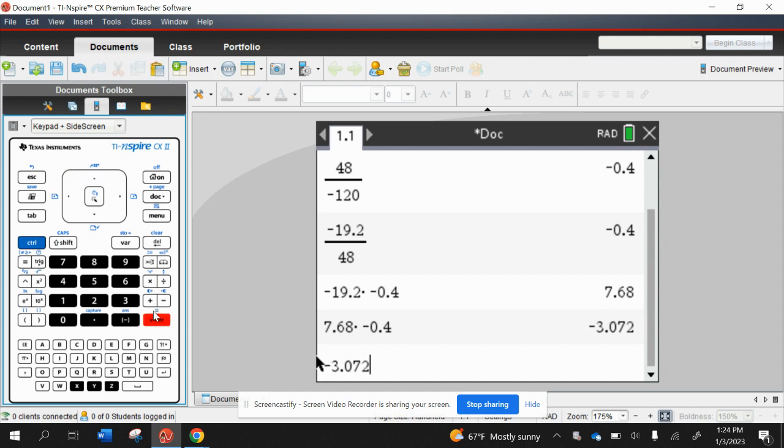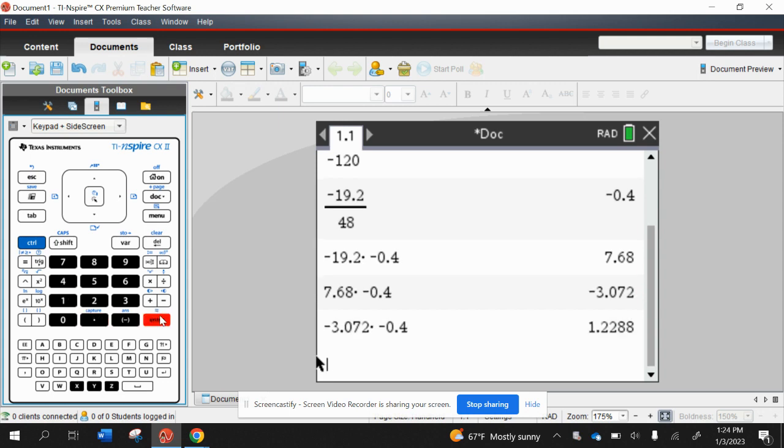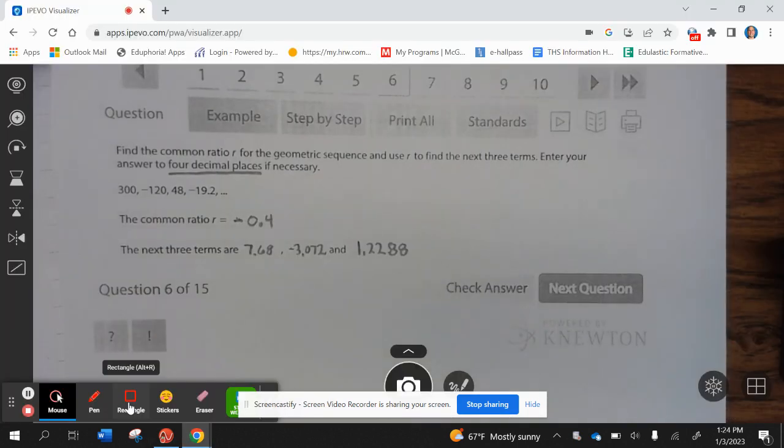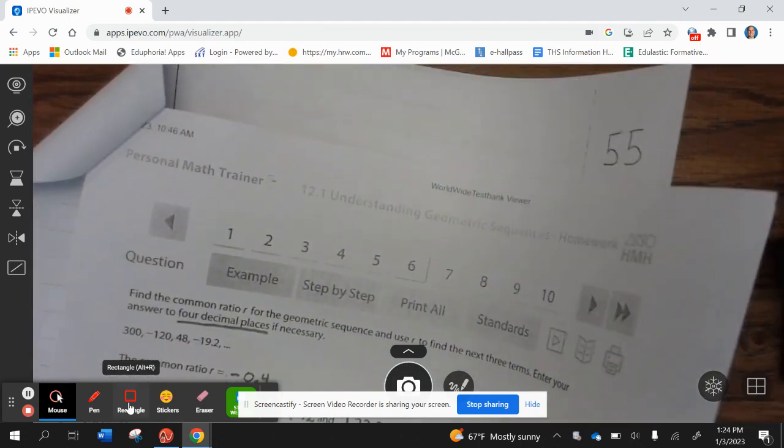Highlight, enter, times negative 0.4 is 1.2288. All right, go ahead and finish up example 6. Let's take a look at the next example.